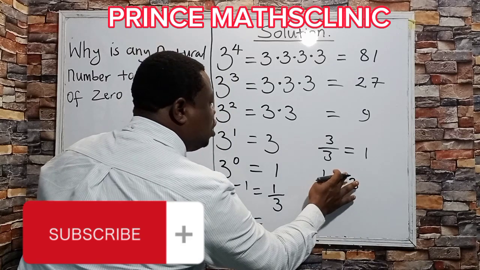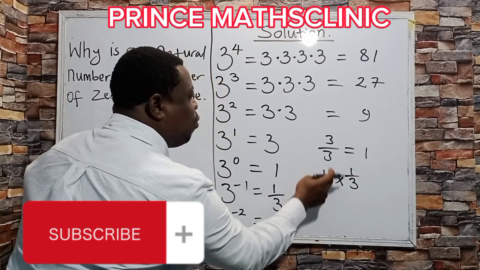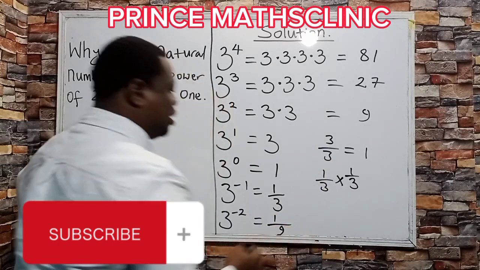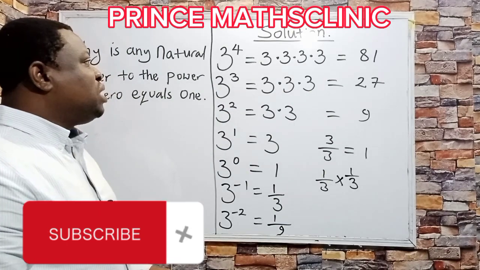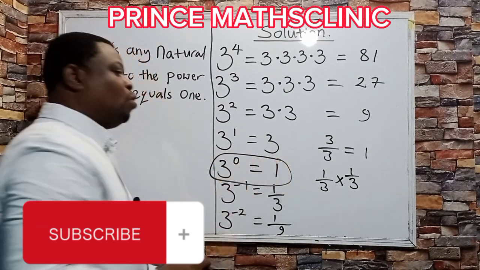When you change it to multiplication, it becomes times 1 over 3. 1 times 1 is 1, and 3 times 3 is 9. So, as you can see on the board, any number to the power of 0 equals 1.